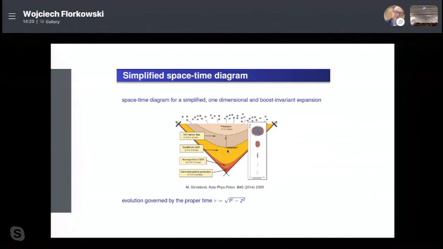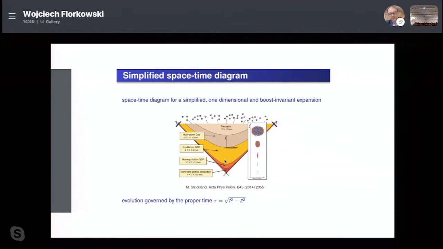Eventually, you have a phase transition to the hadron gas, and the hadron gas interacts more or less, depending on our attitude, and eventually everything freezes out. And hadrons move freely to the detector. So we have this kind of one-dimensional picture of expansion.